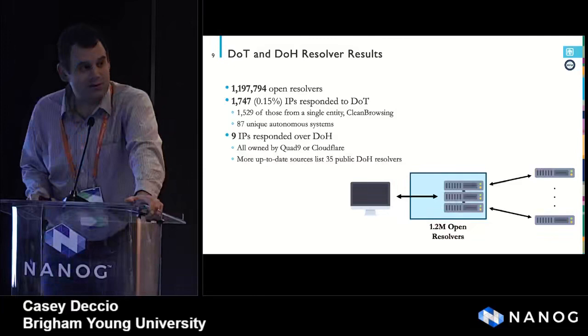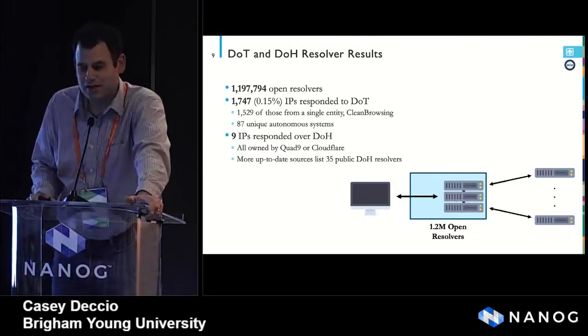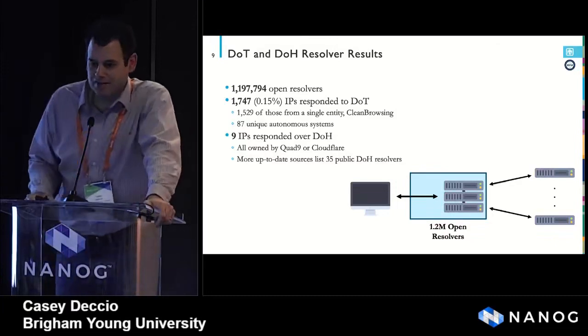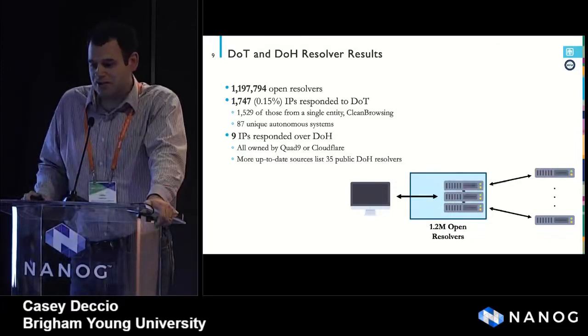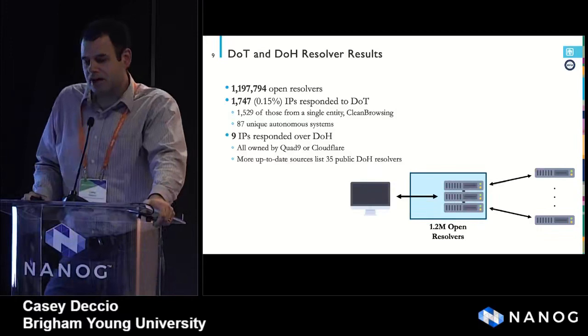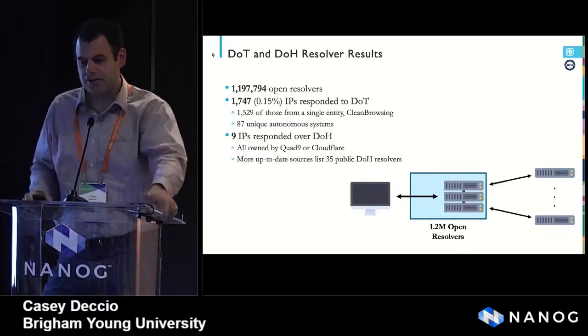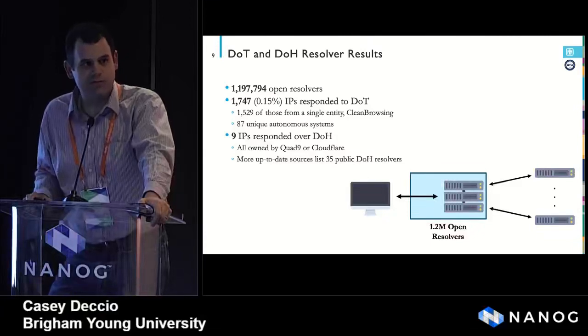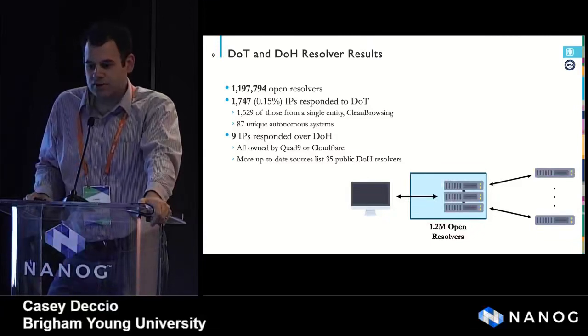About 1,500 of those corresponded to the clean browsing group, and they all supported DoT, which was quite interesting. If we broke the entire 1,700 down into autonomous systems, there were about 87 autonomous systems that had at least one resolver doing DoT.